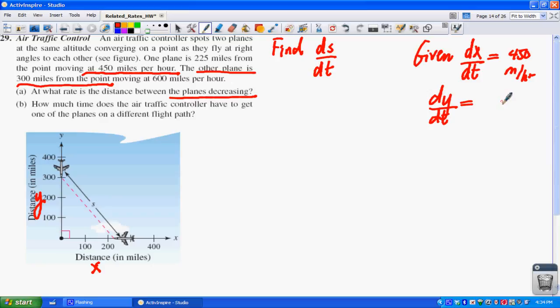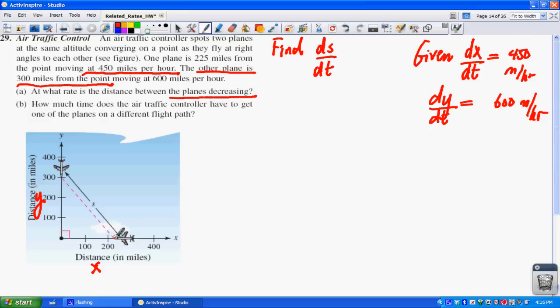Now I deliberately made a mistake here, because if you didn't see it, then you should see by now. These two rates that I just wrote down, the two speeds of the planes: do they have to be negative or positive? Well, first of all, how do you figure it out?